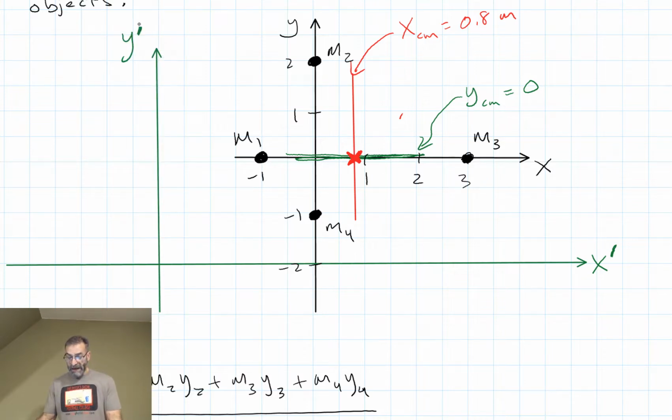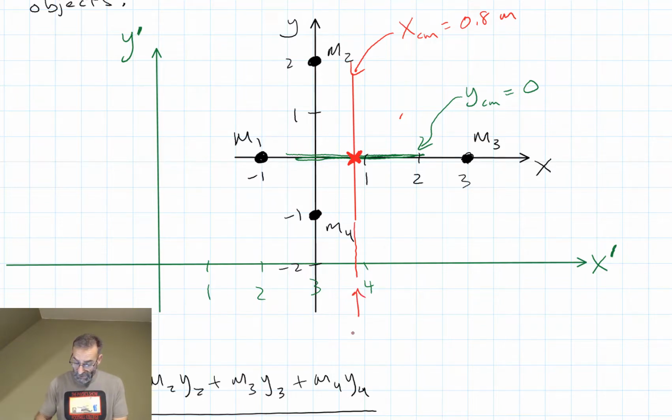So in the x prime, y prime coordinate system, I could go back and do this exact same calculation. Only my x coordinate is not going to be 0.8 meters. It's going to be 3.8 meters. It's going to be where this red line intersects my x prime axis.